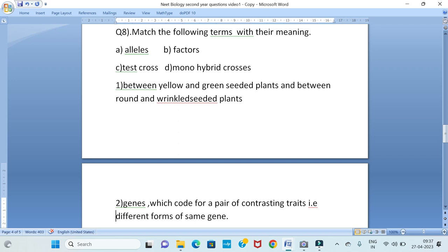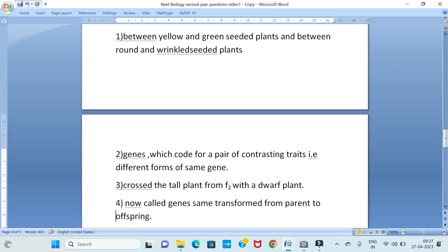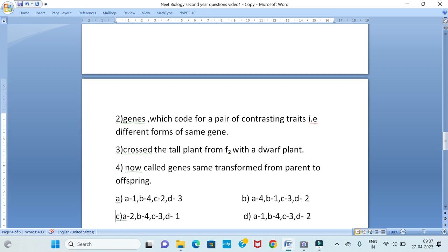Next, test cross. C3. Mendel crossed the tall plant from F2 with a dwarf plant.